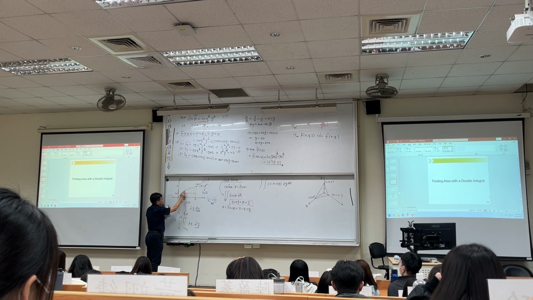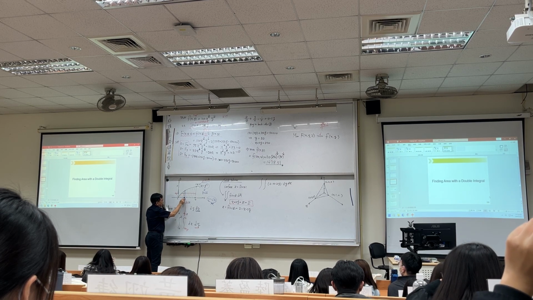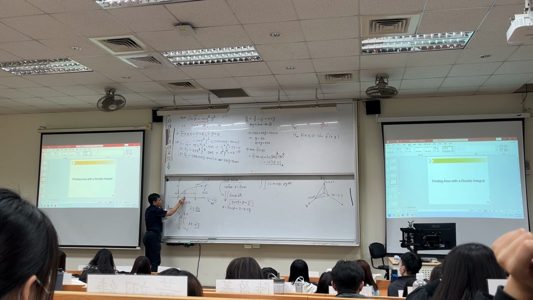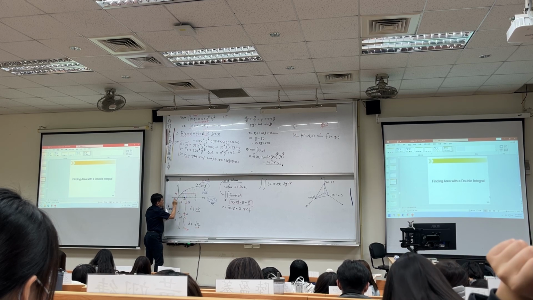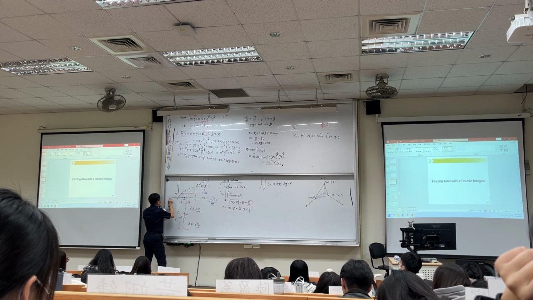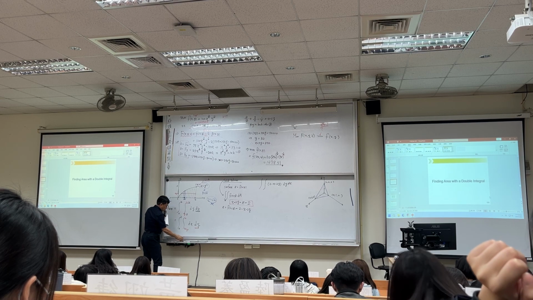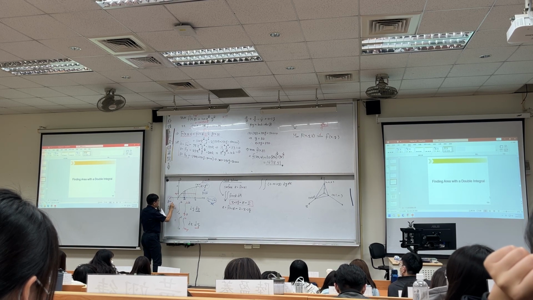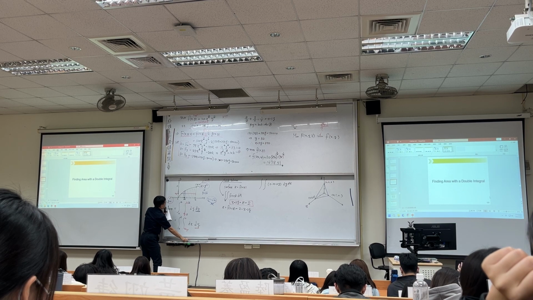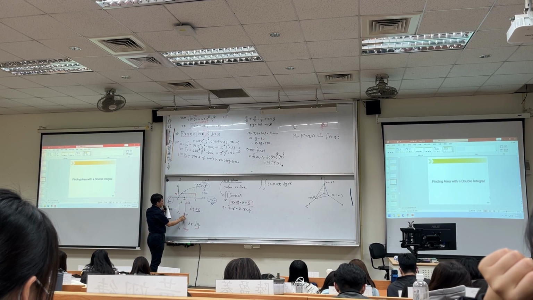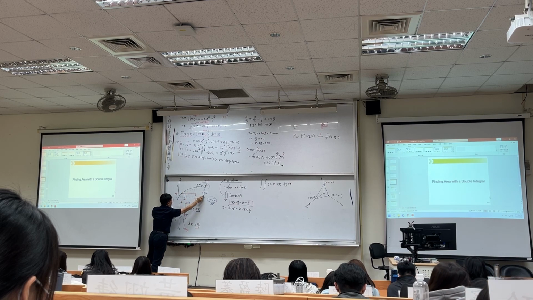So this area will be, but what? The height: you integrate from here, which will be the x-axis, y equals 0, starting to integrate from y equals 0 to here, which will be y equal to square root x.